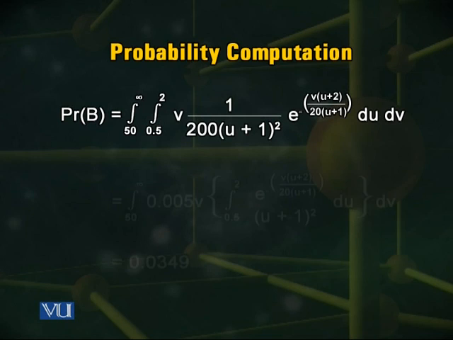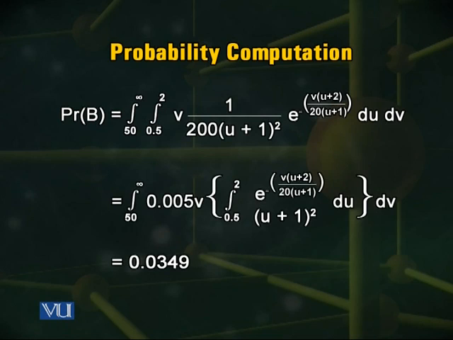So this joint PDF has an exponential term on top, but not a simple exponential term. The exponent has an expression of uv on top and an expression of u below. And the whole exponential term gets divided by a function which is u plus 1 whole square. So this transcendental type of function, where there is one expression on top, another on bottom, is not easy to integrate.